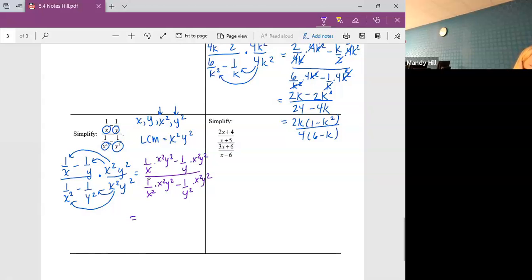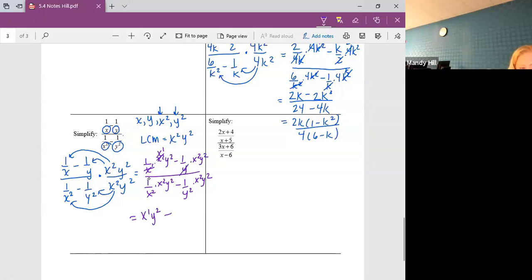Okay, this we're going to cancel out ahead of time. This is just an x to the first, so it's going to take away one of these x squareds. So 1 times this stuff, I would end up with x to the first y squared.